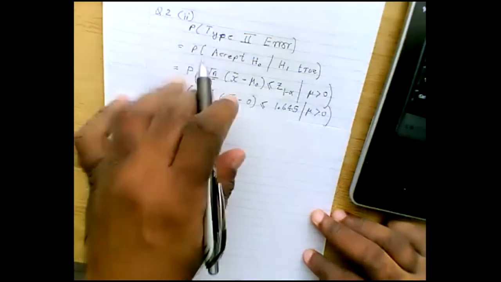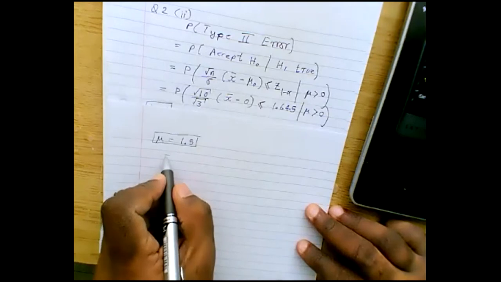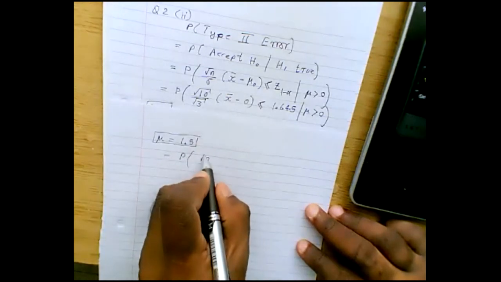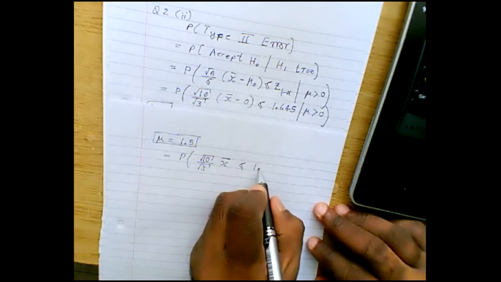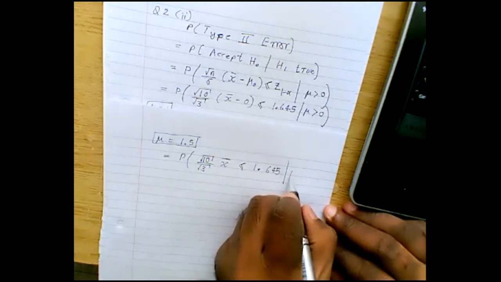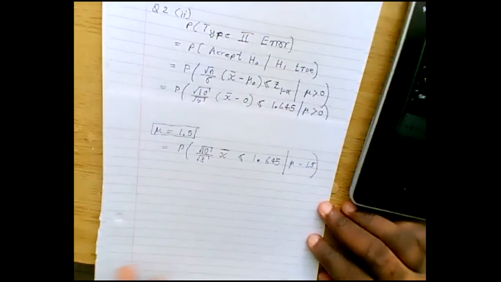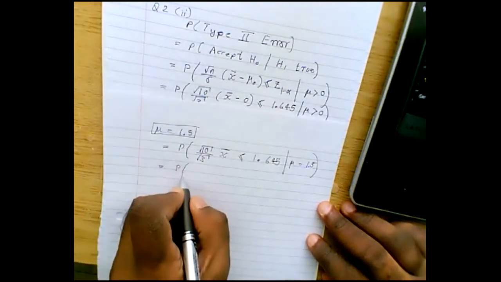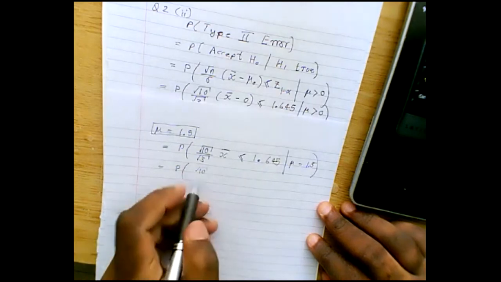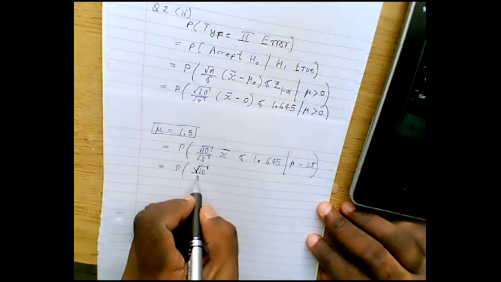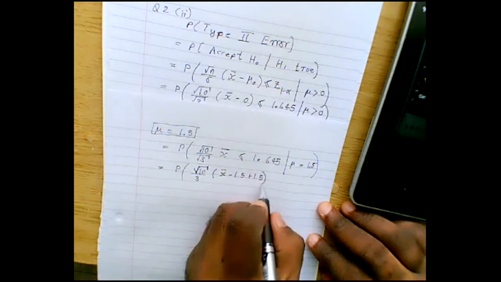In this case, this probability will become... and the next thing I'm going to do is, as I did earlier, subtract the true population mean and add the true population mean, right?